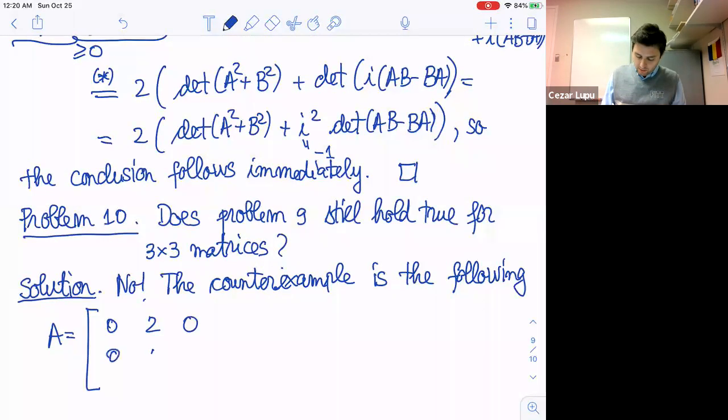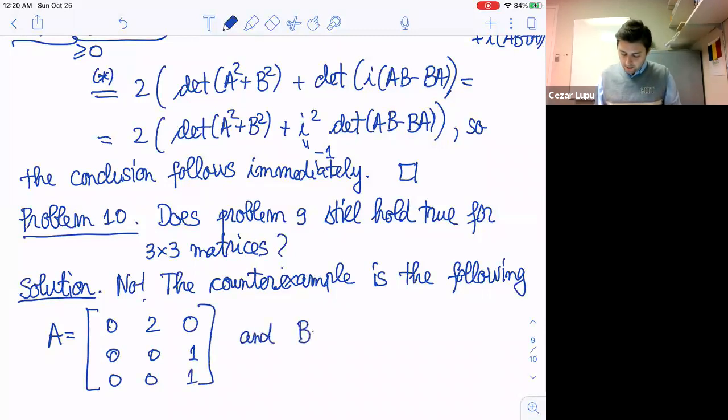And I'll have 0, 0, 1, and 0, 0, 1. So this is my first matrix A. So it's a 3x3. And B, I'm going to consider the following matrix, which will be similar in nature with this one. So 0, 0, 0. I'm going to put here 1, 0, 0. I'm trying to have as many zeros as possible. So maybe here I put 0, 1, 0.